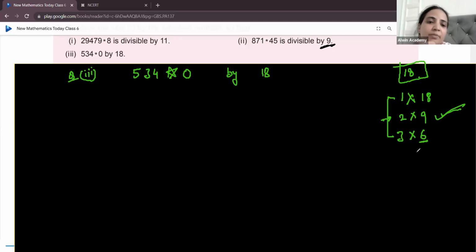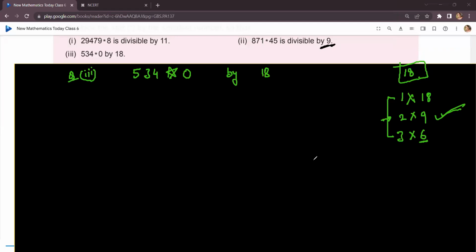Ridhan, can you add something to this definition? Co-prime numbers are numbers which have only one number in common.